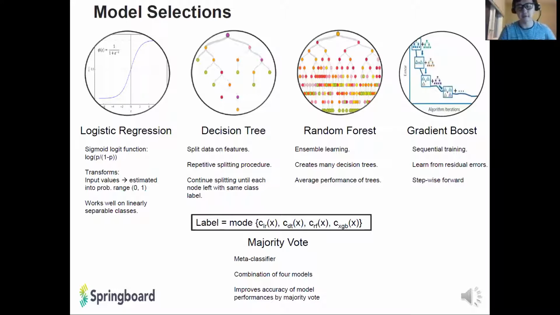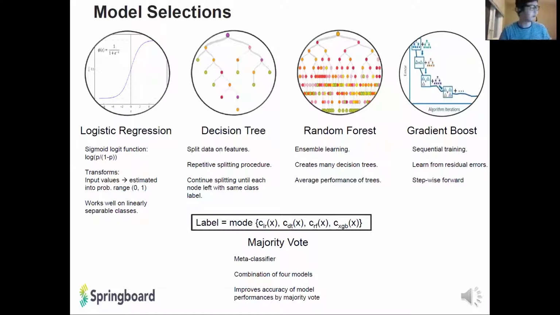The first model is a logistic regression, which, as everyone knows, uses a sigmoid logistic function. It transforms the input feature values into a probabilistic range from 0 to 1, so if the probability is less than 0.5, those cases are classified as non-stroke, and if it is greater than 0.5, those cases are stroke.